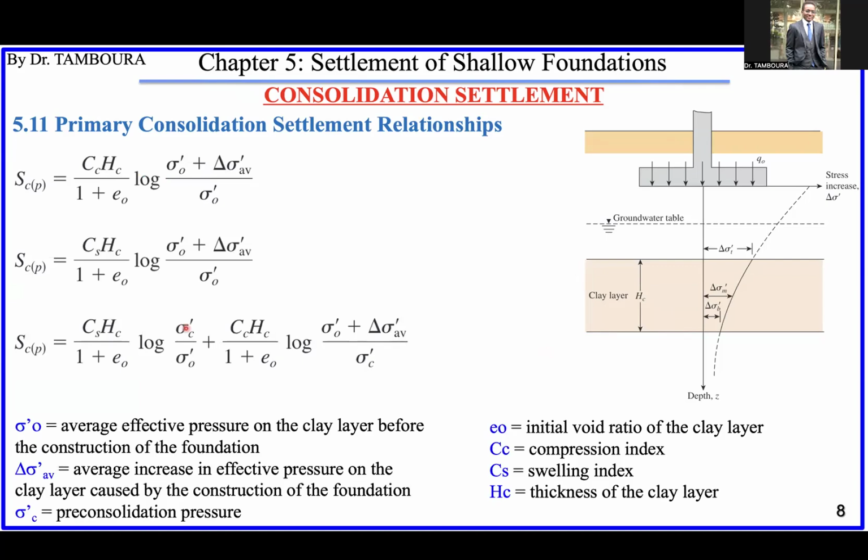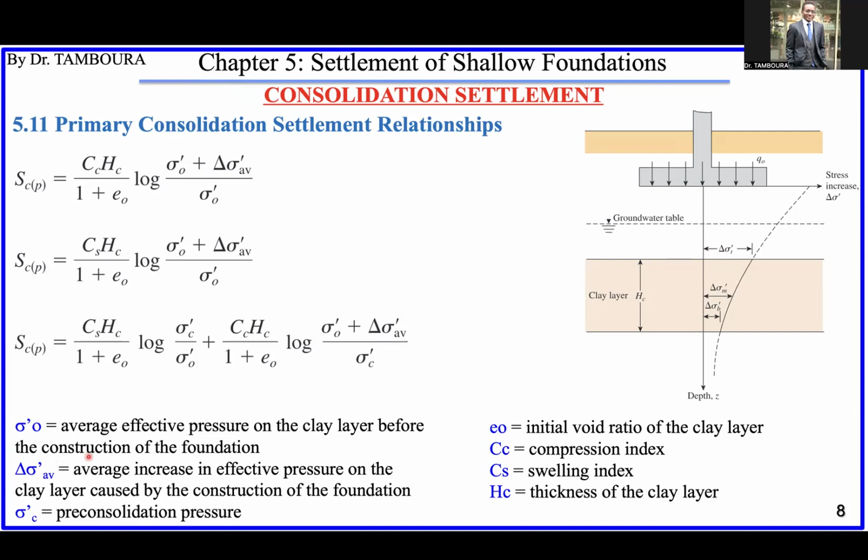So what you see here, sigma 0 prime, is the average effective pressure on the clay layer before construction, before building anything. So sigma 0 prime is like the self weight of the soil.